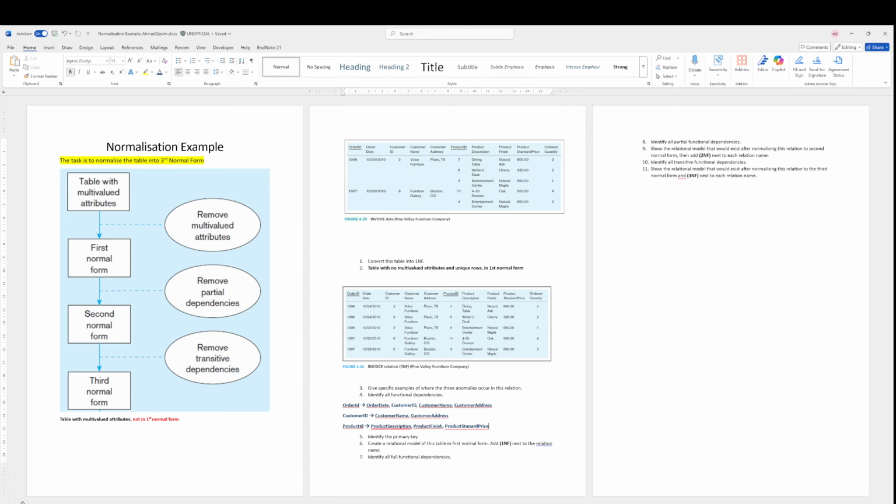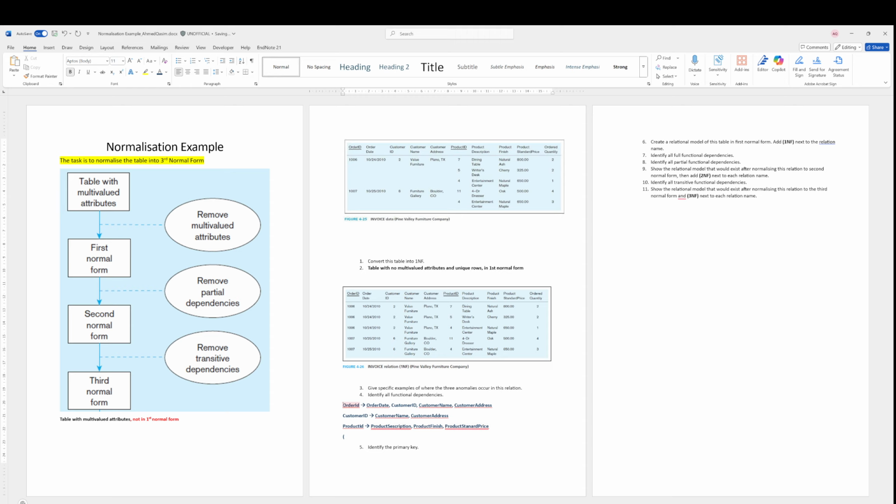So basically, the pair of order ID and product ID are going to uniquely identify each one of these order lines. So this is going to be written like that.